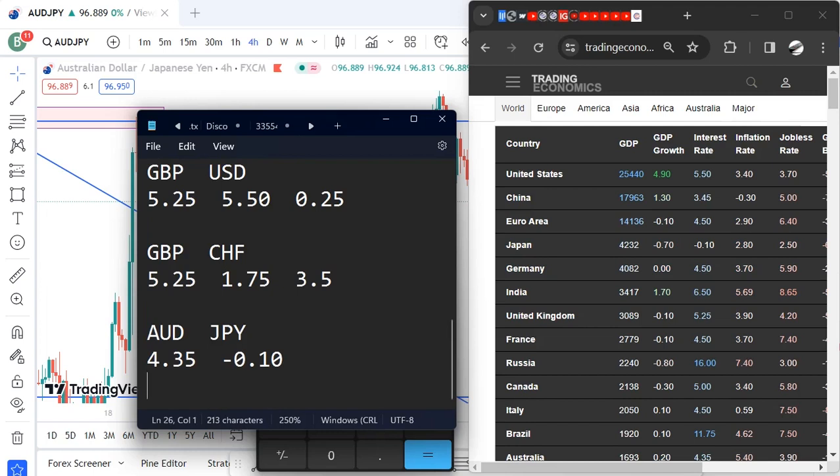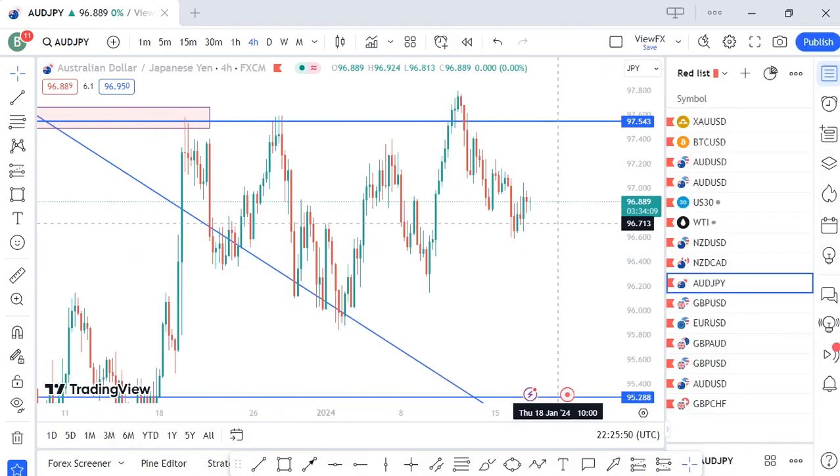Now, I don't think we need more explanation here. You can see that the Australian dollar is far bigger than the Japanese yen. So what it means is that this pair is supposed to be buying. That's what it means. So let's see.